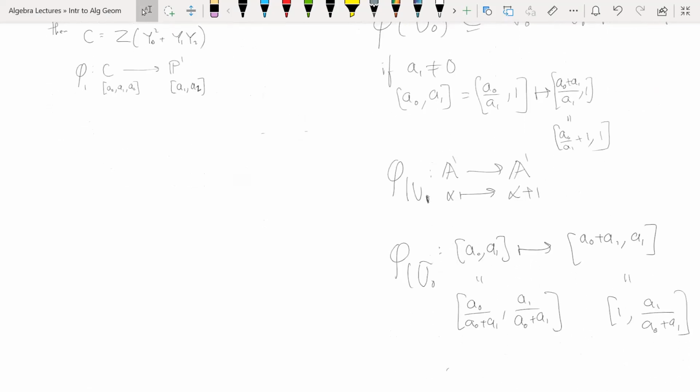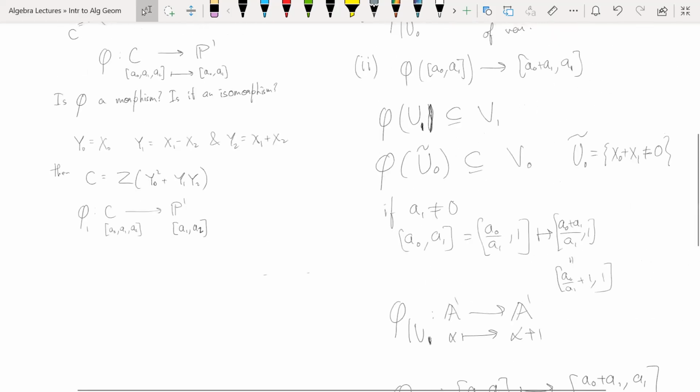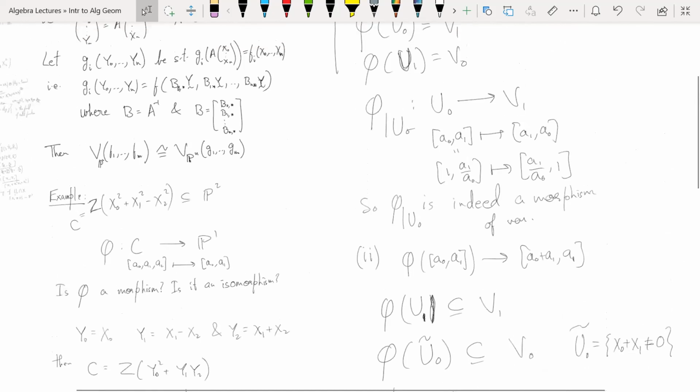U naught tilde can again be covered by A naught not equal to 0, but that will be complicated. But I want to do it in one go. So that's probably why it's better to use the other definition.